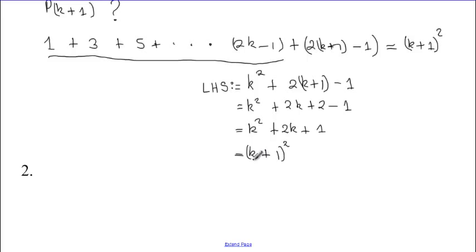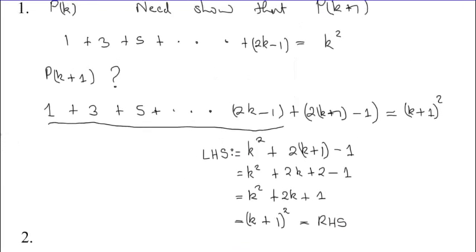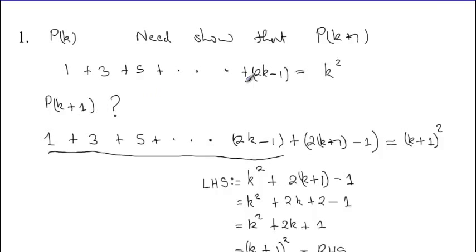Now what we've got here is our left hand side, which means that this sum, with our hypothesis that this is equal to k squared, actually simplifies to k plus 1 squared, and this is actually our right hand side. So what we've just shown is that this statement, which we assumed is true for k, is also true for k plus 1.